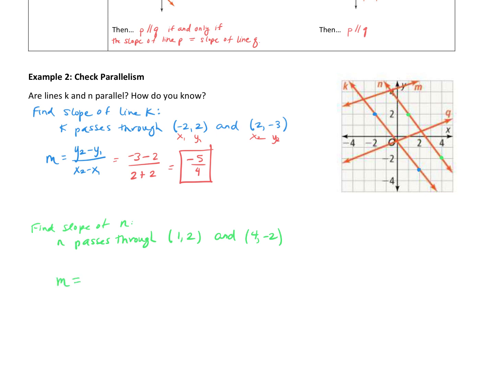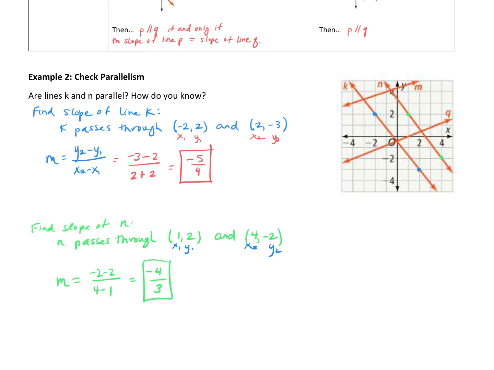Our slope formula is y2 minus y1. I will label my points just so I don't accidentally pick the wrong number. So y2 minus y1, -2 minus 2, over x2 minus x1, 4 minus 1. We are getting a slope of -4/3.